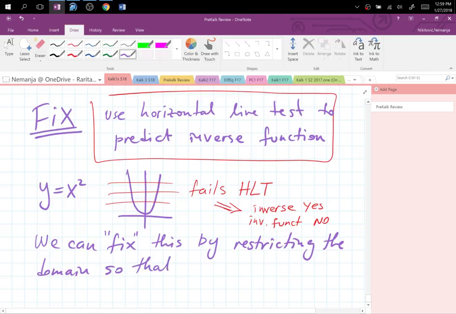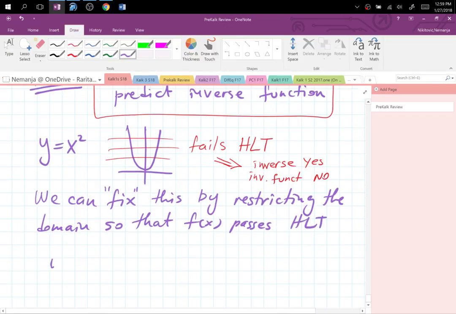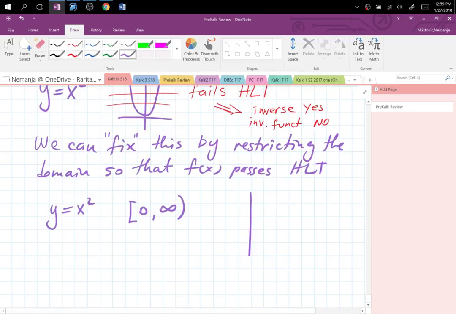So that f of x passes horizontal line test. Well, for my y equal x squared, I'm going to go from 0 to infinity. So what did I do? I have chopped off half of the function.